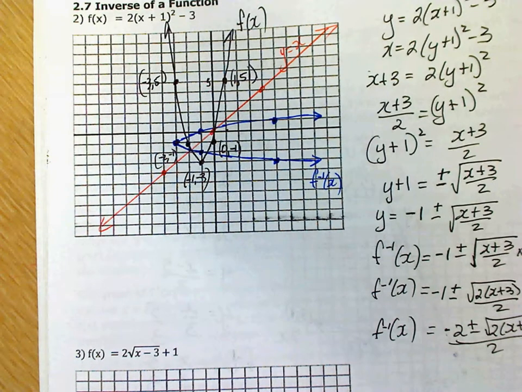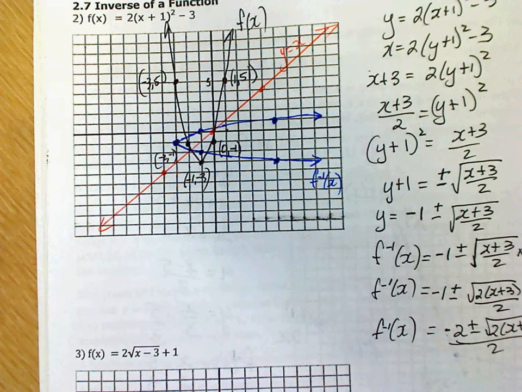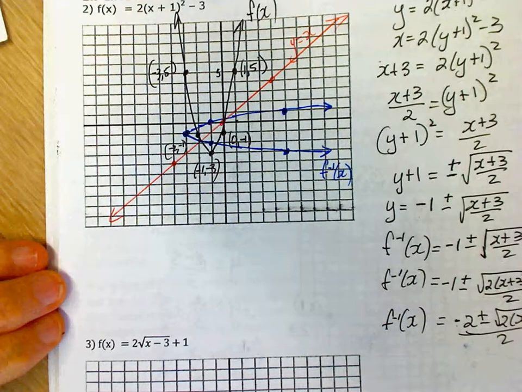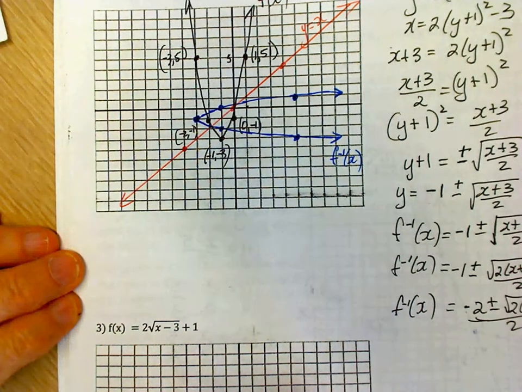So we did part B. Now we want to do part C, which is find the domain and range. Okay, we'll do f of x first.